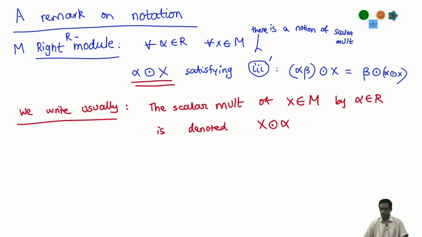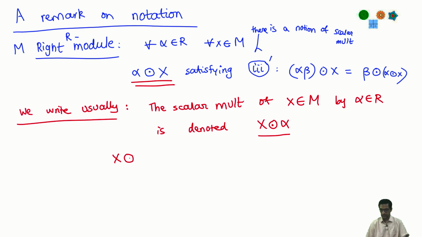Now, it's slightly strange if you're used to seeing scalars thought of as being multiplied on the left. So why is this alternate notation somewhat better?